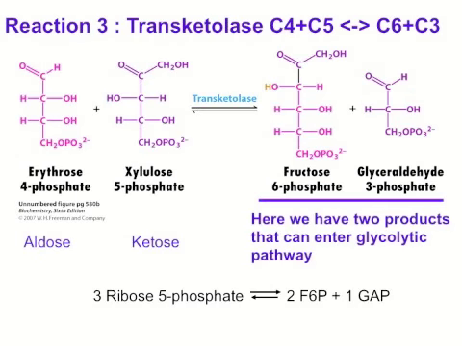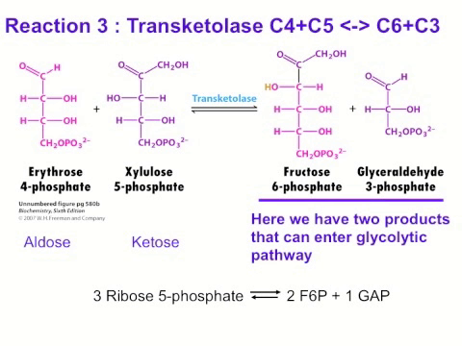Now reaction number 3 is catalyzed by a transketolase again. Transketolases transfer 2 carbons. So we're going to go from an aldose and a ketose to a ketose and an aldose. We're going to take the 4-carbon erythrose 4-phosphate and the 5-carbon xylulose 5-phosphate, and we're going to transfer 2 carbons from xylulose to erythrose.